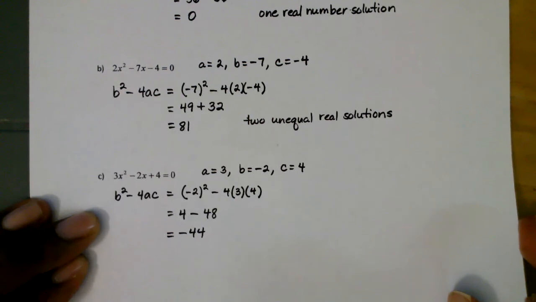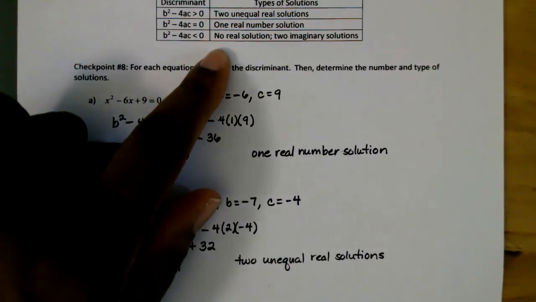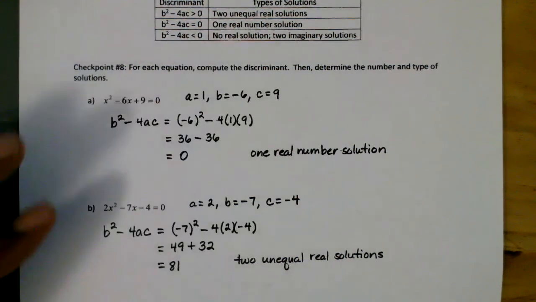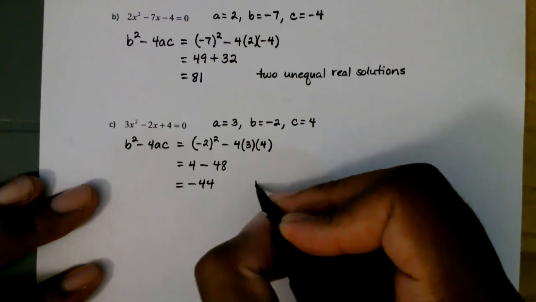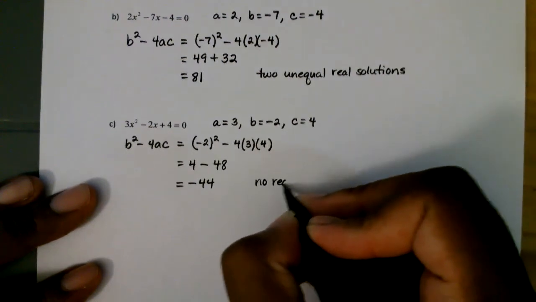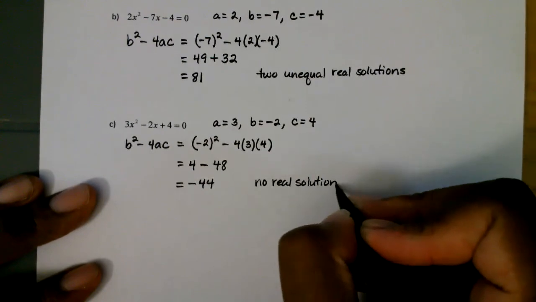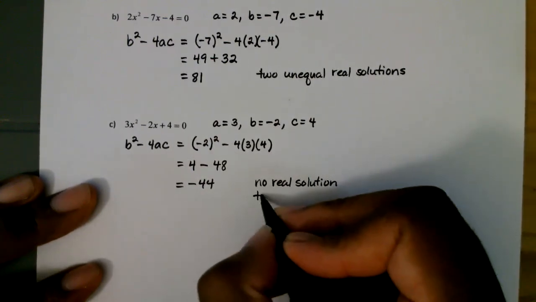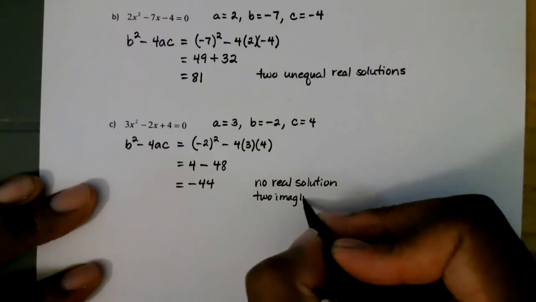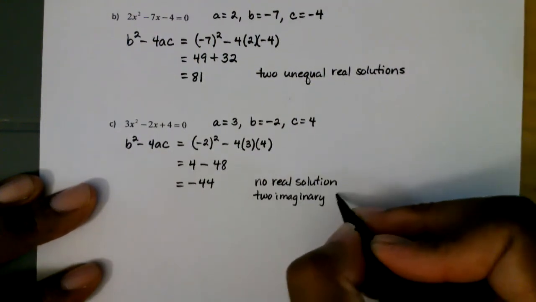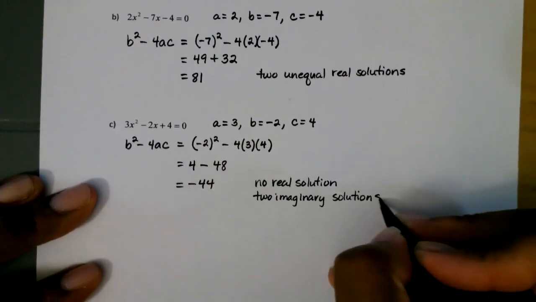So here I got a negative discriminant, meaning I have no real solution, or 2 imaginary solutions. And what I mean by that is it's going to have the i in it because of the square root of a negative number.